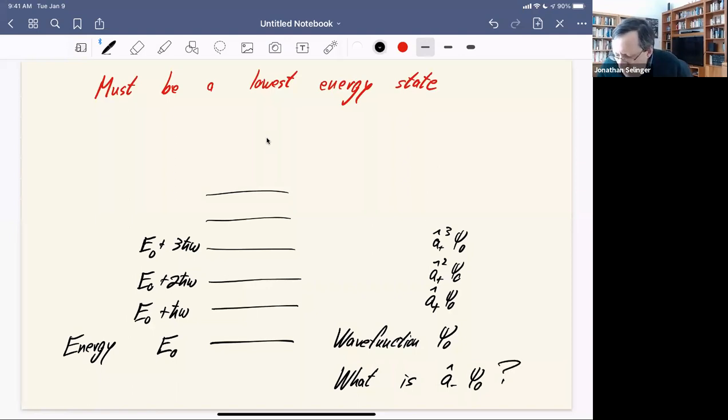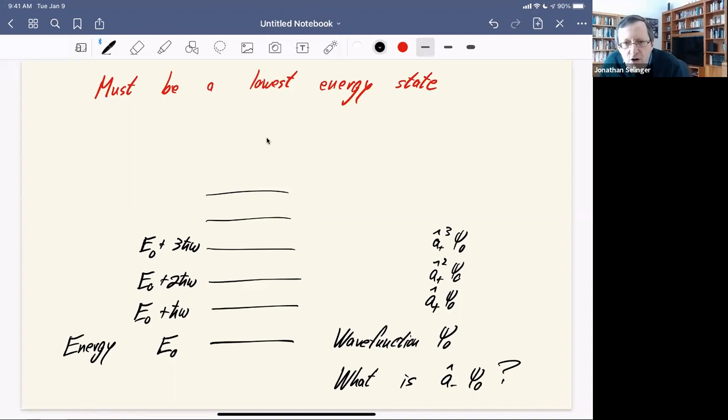Well, we know that A minus acting on psi zero is still a solution of Schrodinger's equation, but it can't be a real quantum state because you can't have a state lower than the bottom.